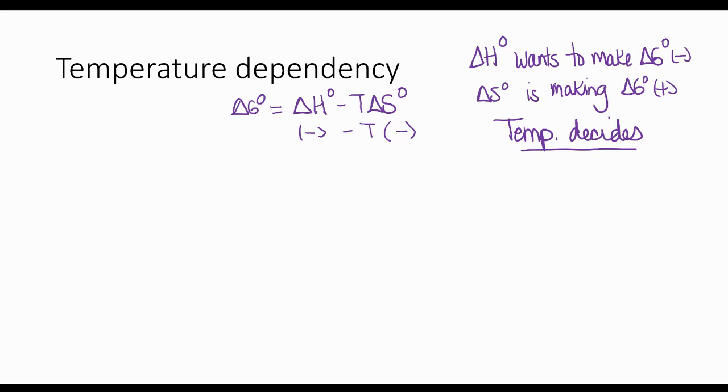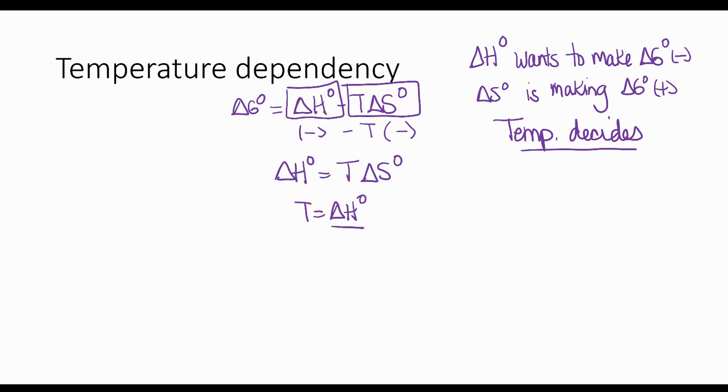Okay, and so again, how are we going to figure out the temperature that it crosses over? We are going to set these guys equal to each other. This term versus this term, because the magnitude is going to decide it. T will equal delta H over delta S. And then I have the numbers, negative 822.2, that's kilojoules, over entropy, negative 181.7.